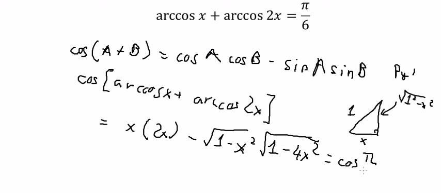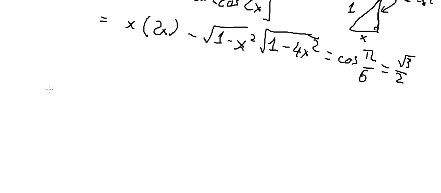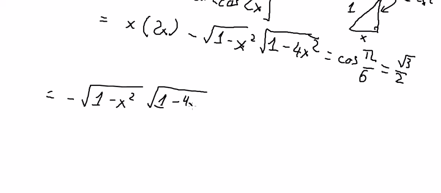Now we have cosine of b over 6. That should be the square root of number 3 over 2. Now we calculate this one. So we put this one, go to the right. Later we put the square on both sides.